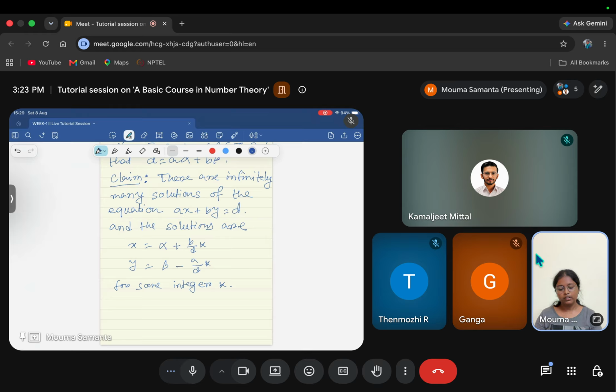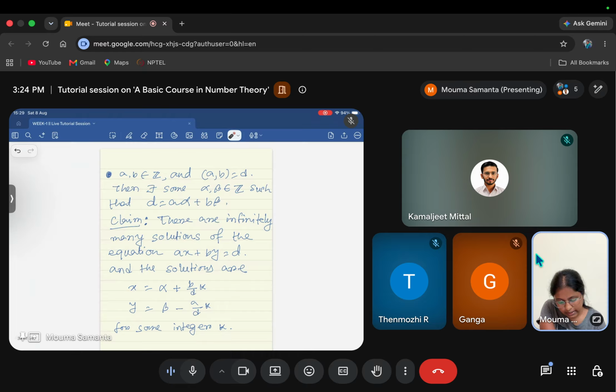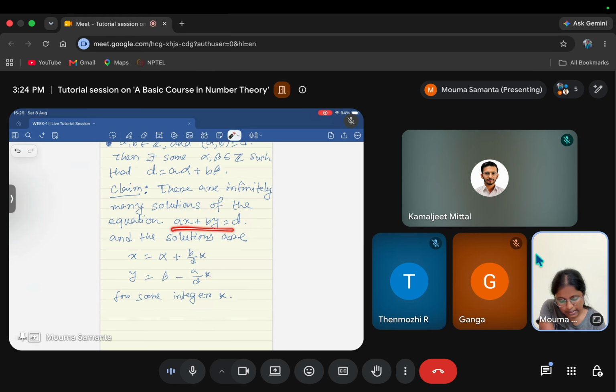Do you understand how I am saying that this is not a unique expression for d? If this equation has infinitely many solutions, I mean there are infinitely many tuples x, y such that this equation holds, then this is exactly the same as saying d does not have a unique expression.